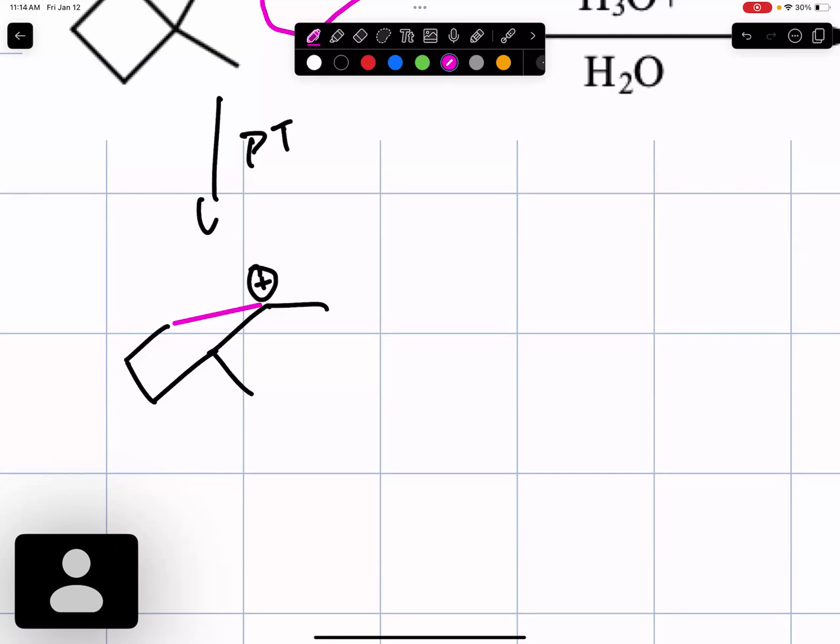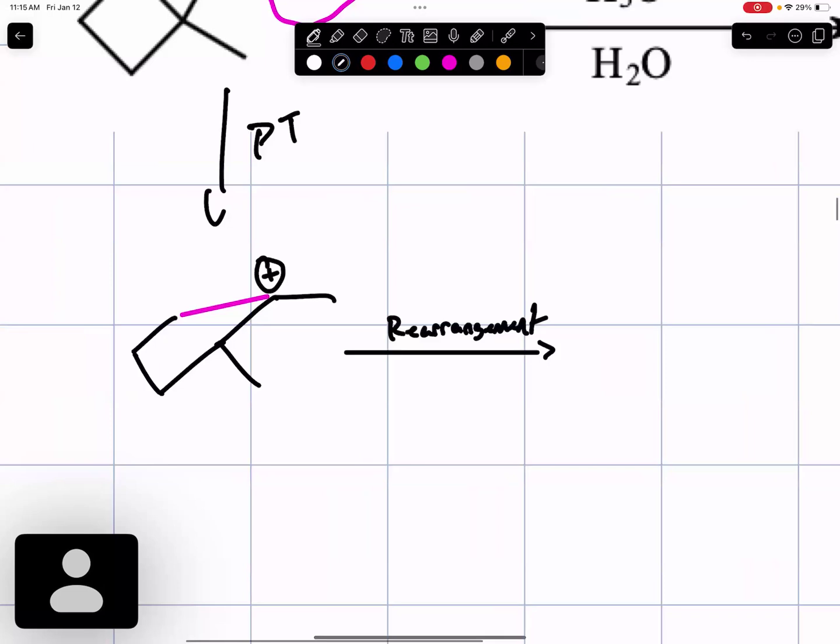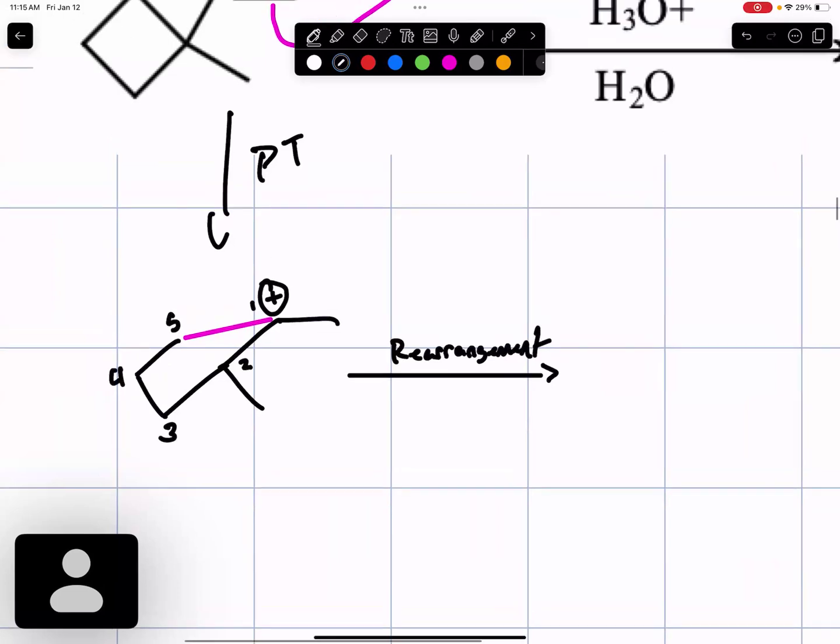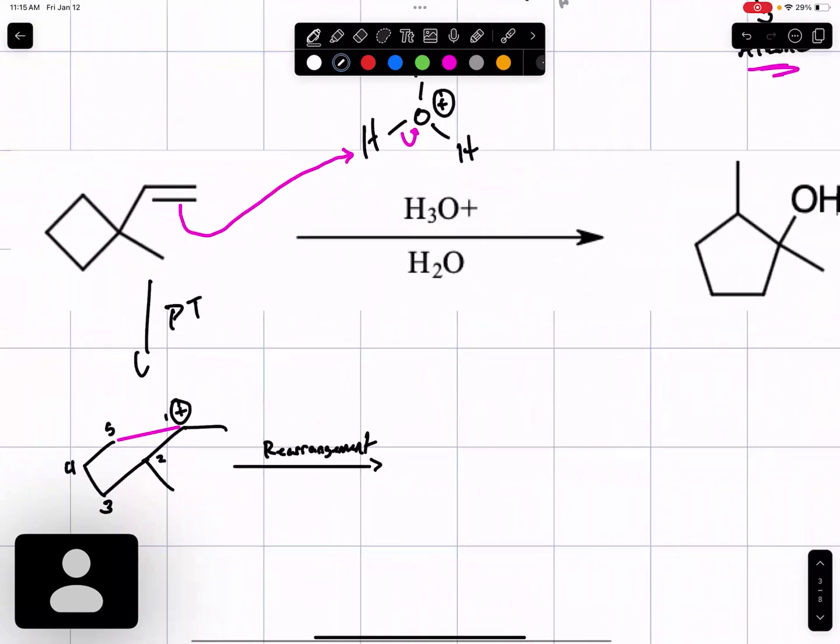Okay, this is what kind of step? Rearrangement, right? This is a rearrangement step. And if we count, now we have 1, 2, 3, 4, 5. Did we not just go from a 4-membered ring to a 5-membered ring?